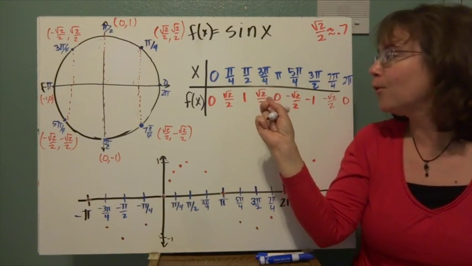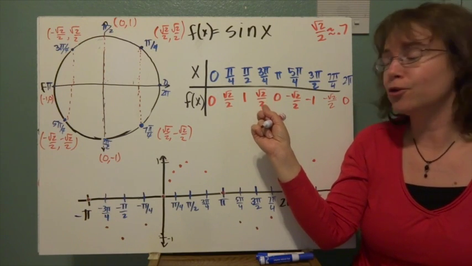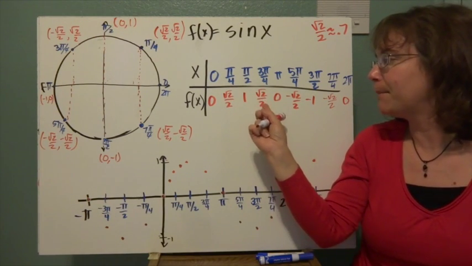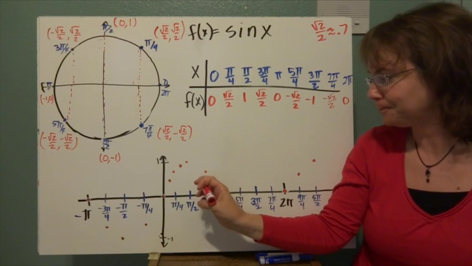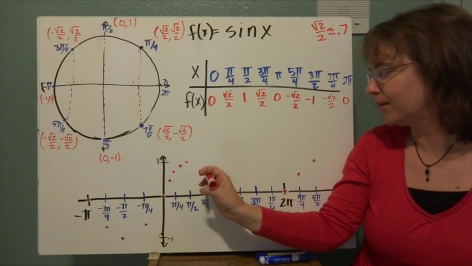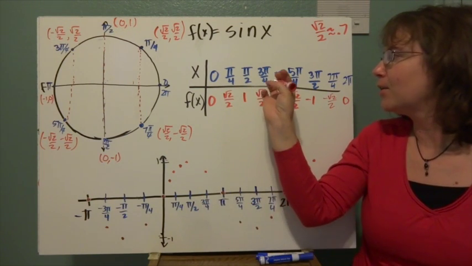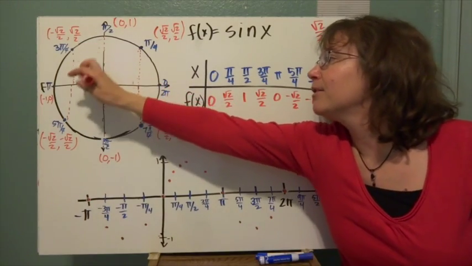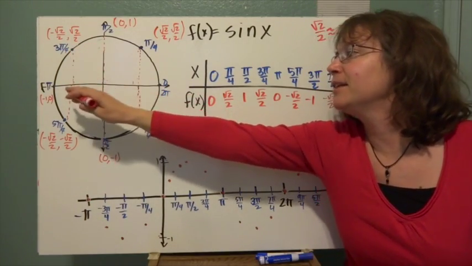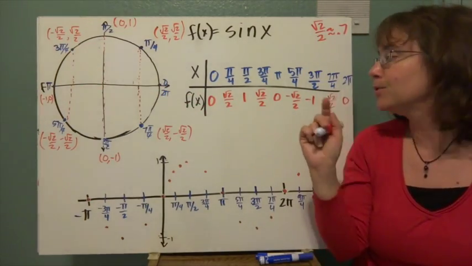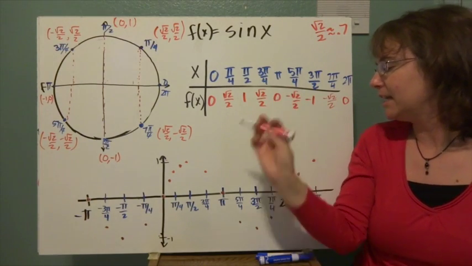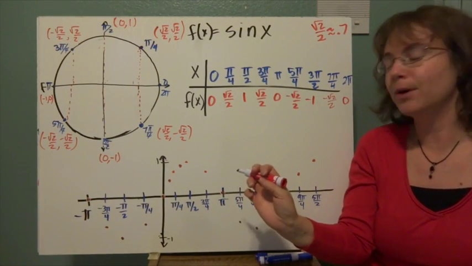At 3 pi over 4, I'm at root 2 over 2 again. So I've gone from 1 back down to about 0.7, which is about right here. And then I can go down from there. My height at pi is 0, so I haven't gone up or down in any direction. So I go ahead and plot a 0 there.